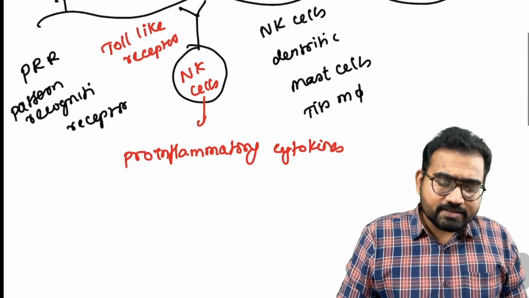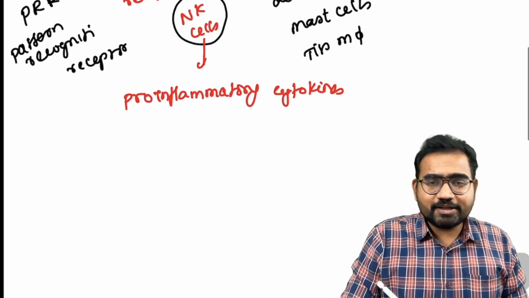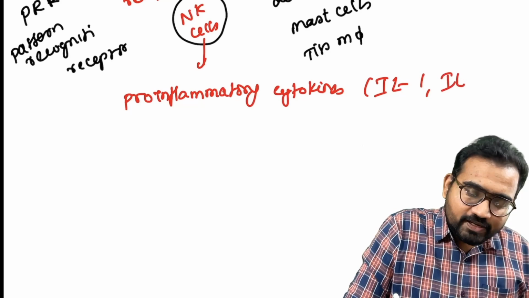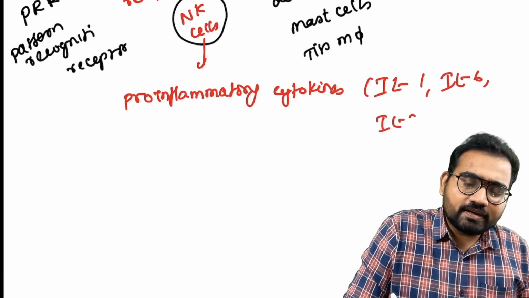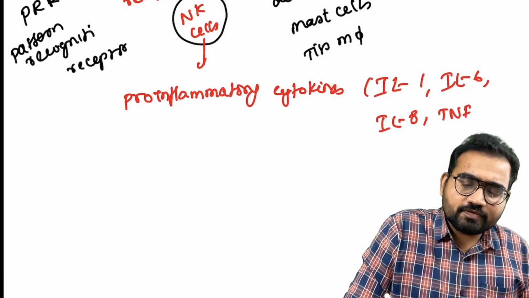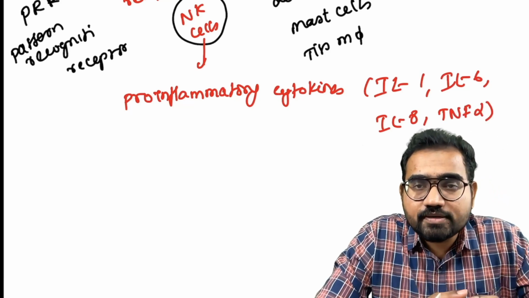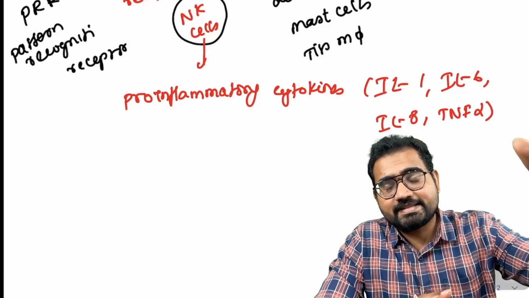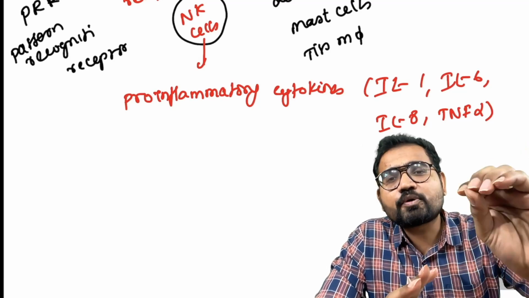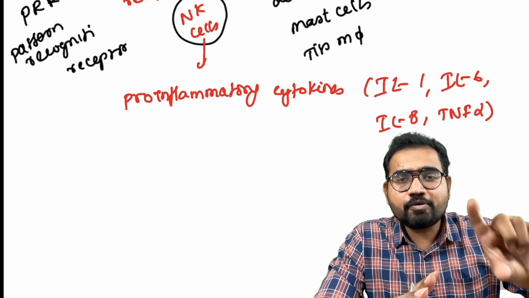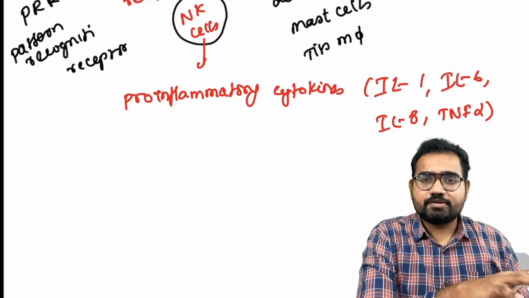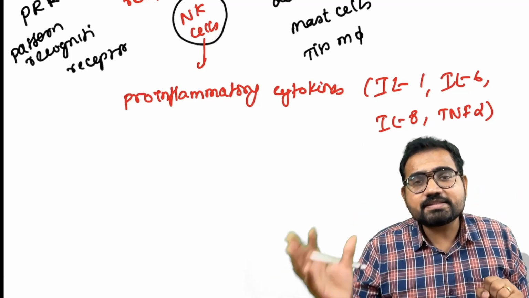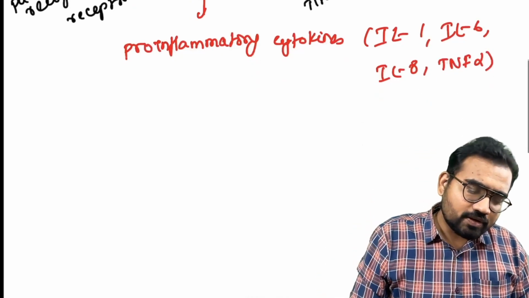Can you name some pro-inflammatory cytokines? Exactly. Interleukin 1, interleukin 6, interleukin 8, tumor necrosis factor alpha. All these are pro-inflammatory cytokines. How are they stimulated? By NK cells. Cytokines are nothing but proteins. Pro-inflammatory means before inflammation. So the body sends signals so that the inflammatory cells come out.